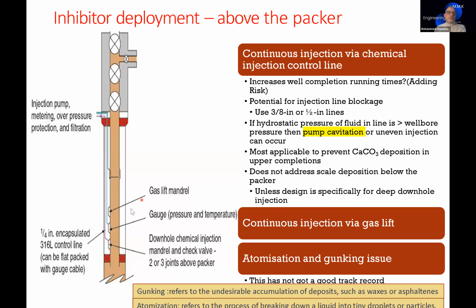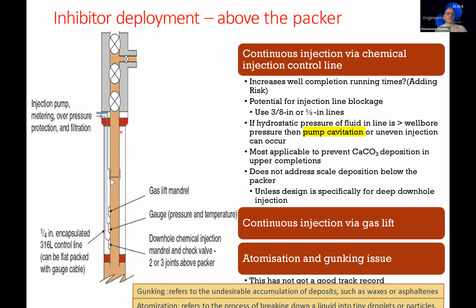So we have to consider whether our deployment will be above the packer or below the packer. If it's above the packer, we need to know the hydrostatic pressure of fluid in line with wellbore pressure, so we don't get pump cavitation. Most applicable to prevent CaSO3 deposition in upper completions.